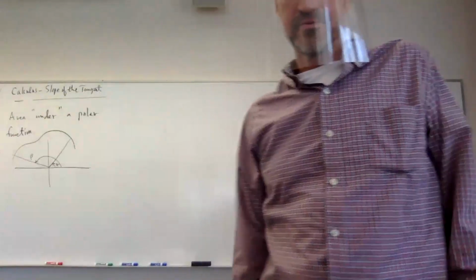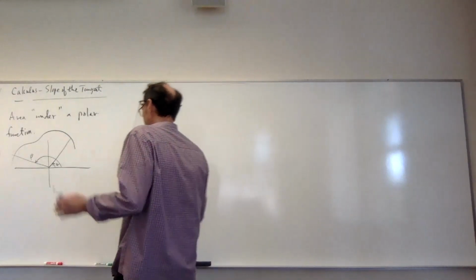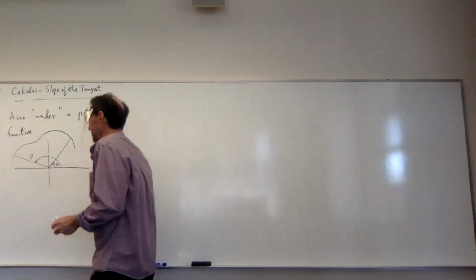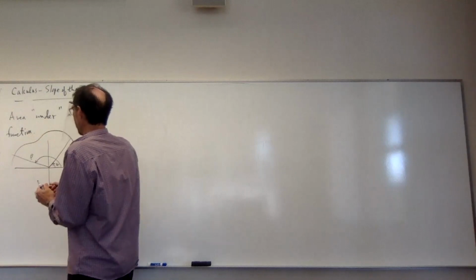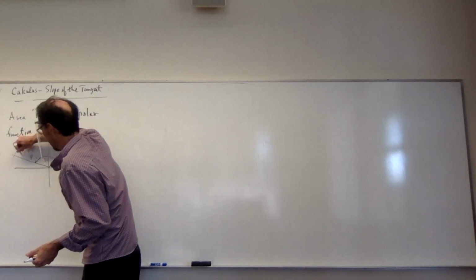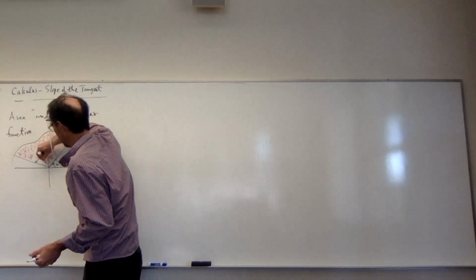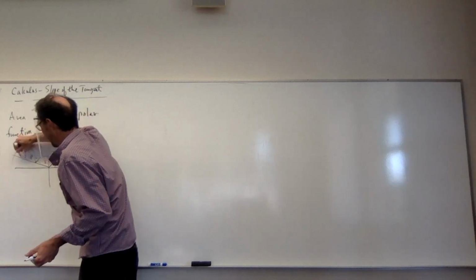I sure hope this is working. It doesn't say I'm sharing the desktop, so all right. And so the area under, I'll shade it in red. It's just all of this between the function and the pole. So all of it. Maybe there's a better word than under. I put it in quotes to suggest there might be, but I don't have one.